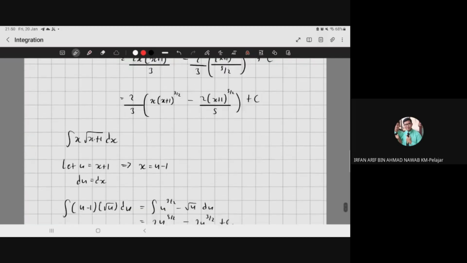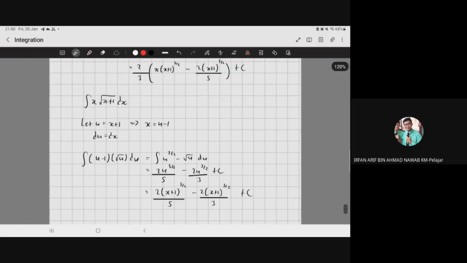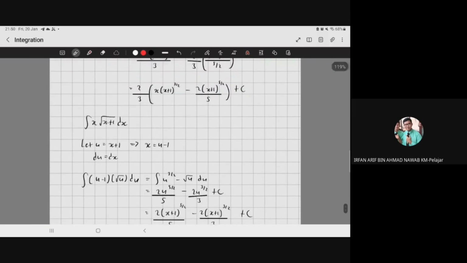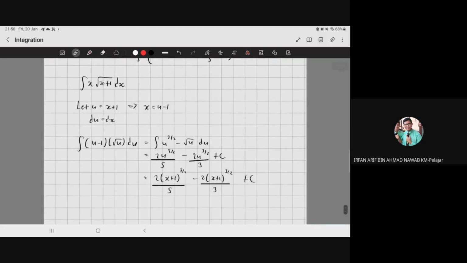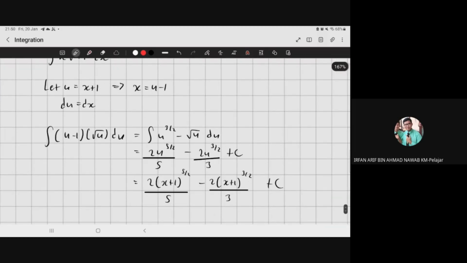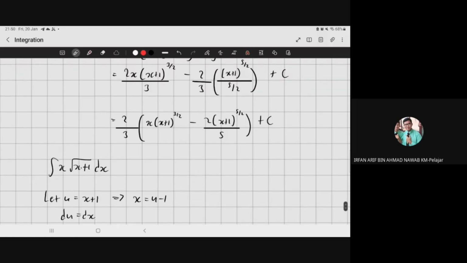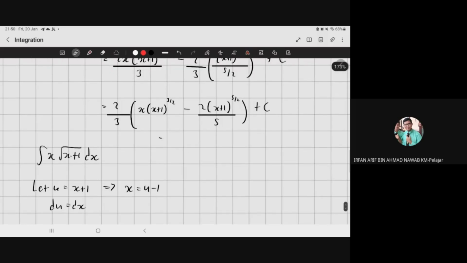Because that's the x. Why is it different? Wait, give me a moment. Why is it different? What happens if I do this? Hold on. Okay, so I want to try something else.